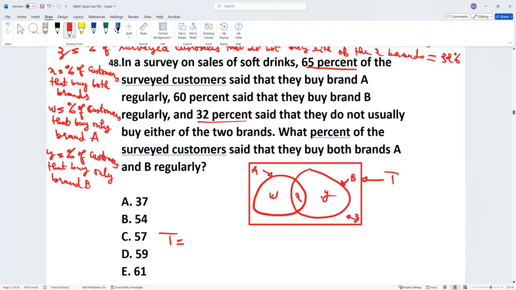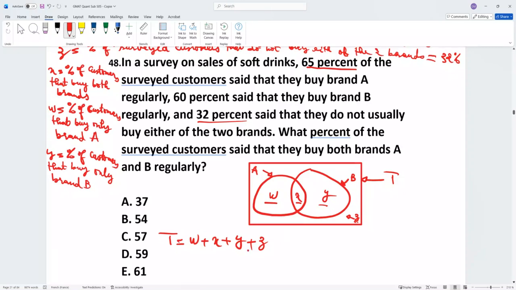So the total of 100% is actually equal to those that buy only brand A, plus those of the customers that buy both brand A and brand B, plus those that buy only brand B, plus those that do not buy either of the two brands, which is Z. So this is actually the total of the customers that replied or responded to the survey.